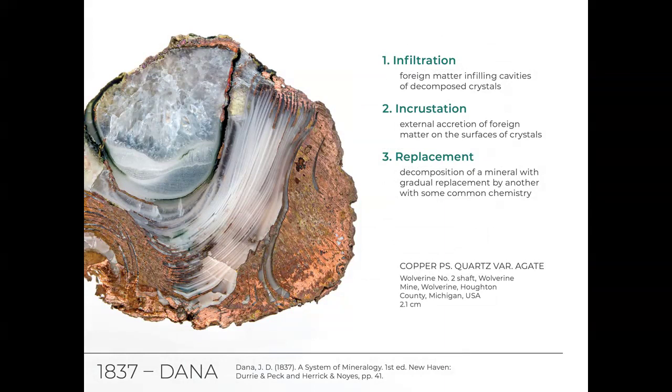I think the idea of this having some common chemistry is derived from the thought that the dissolved components would mix into the fluid that's depositing new components. This is offered largely as an alternative to the idea of metamorphosis proposed by Steffens and Breithaupt. Everyone is trying to explain these pseudomorphs that have no common chemistry, but that cannot be infillings or incrustations. This debate will rage for decades.